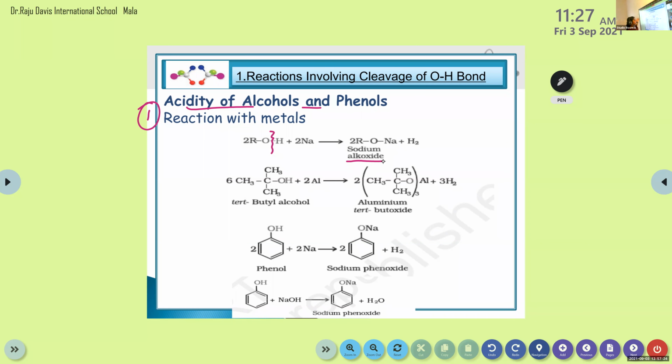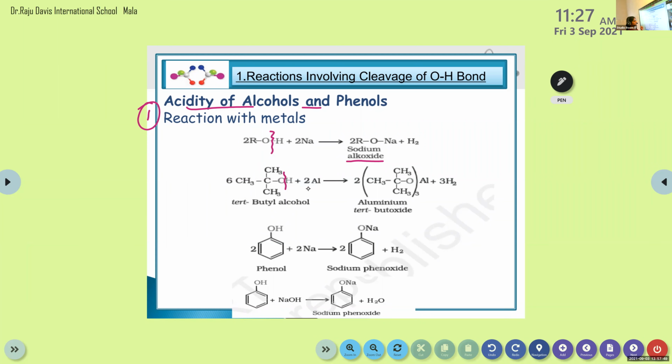Then the second one is the next example. Here instead of R groups, we will write tertiary butyl groups, carbon with 3 methyl groups. Then the same thing occurs here, the cleavage of OH occurs. Here the metal used is aluminium. So instead of sodium, aluminium will be there.